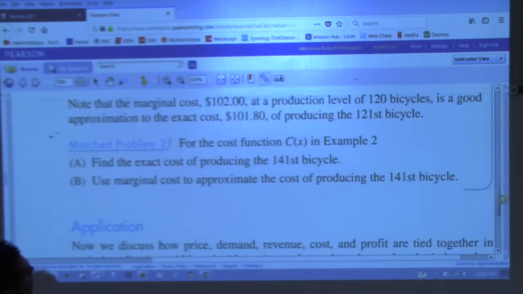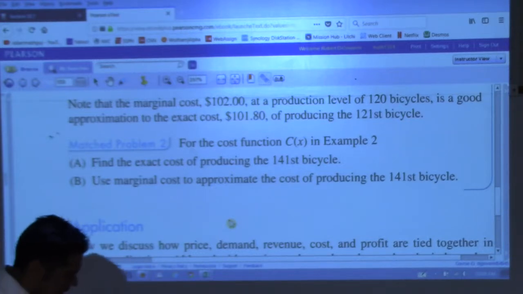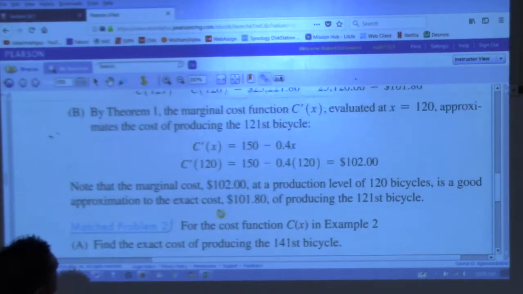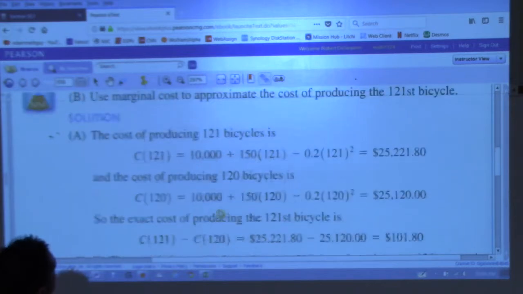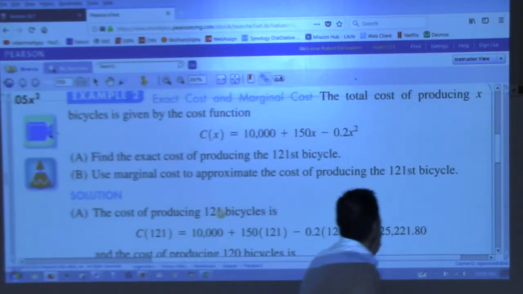Can y'all read that okay? Talking about this one right here, match problem 2. So go ahead. I'll give you a few minutes. You need the function? Let me write it down. It's the same one. I'll jot it down, then I'll scroll back down.